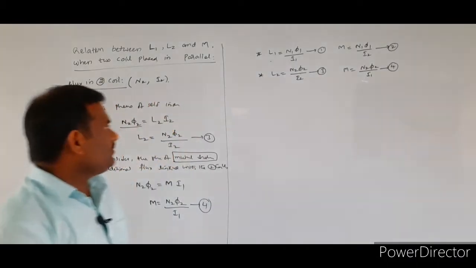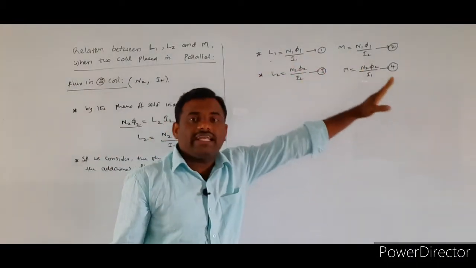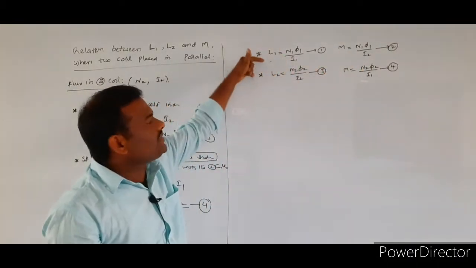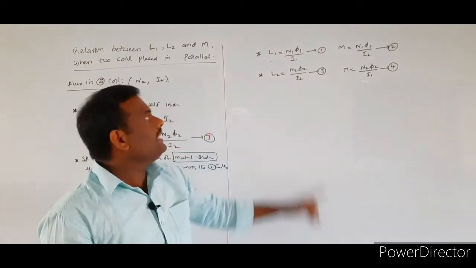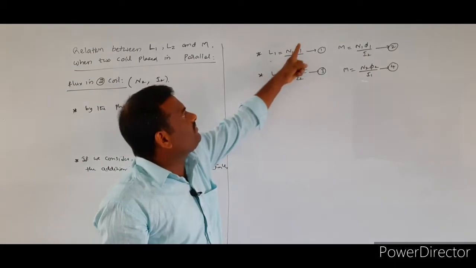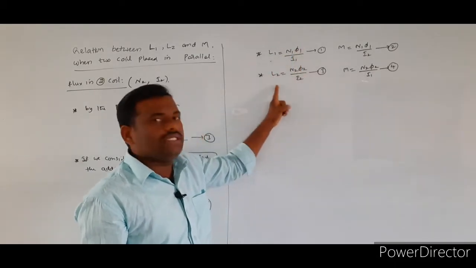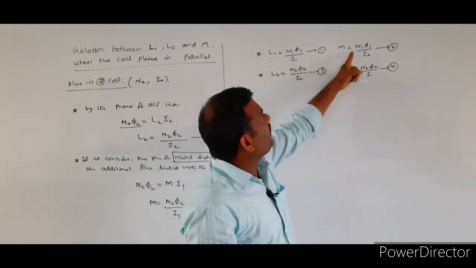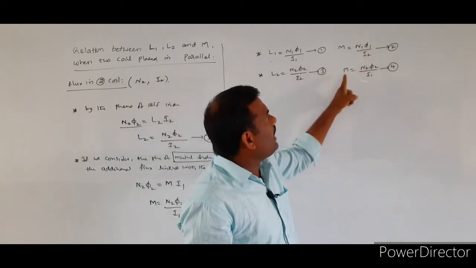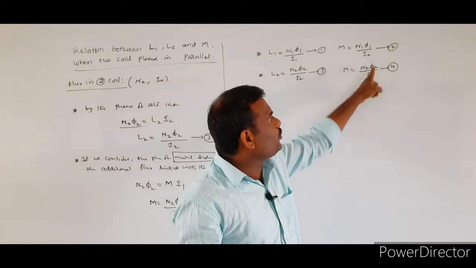Now see here, we got four different equations. What is equation number 1? Coefficient of self-induction of the first coil, L1 is equal to N1φ1 by I1. L2 is equal to N2φ2 by I2, and M is equal to N1φ1 by I2. Again M is equal to N2φ2 by I1.